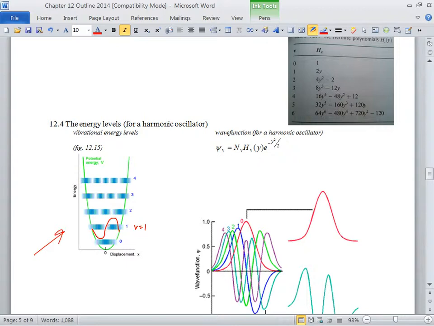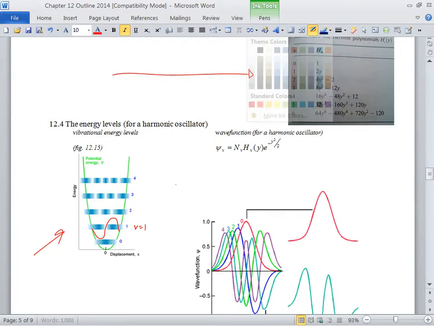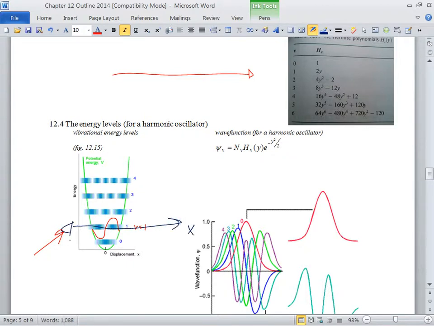This is assuming that this is your x-axis, so it's crossing 0 at the center. And then the probability density, right? And do that for each level.